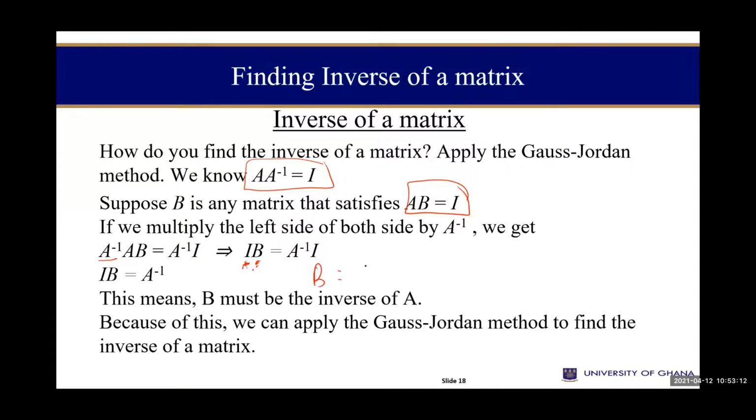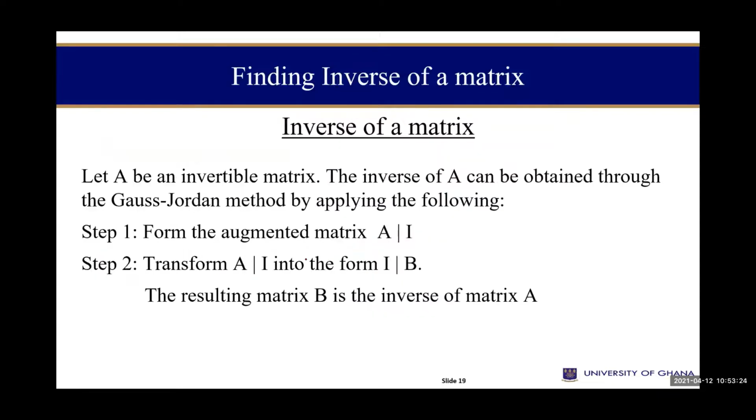So B will be equal to the inverse of A in this problem. That means that B must be the inverse of A. Because of this, we can apply the Gauss-Jordan method to find the solution. So please note that for a given matrix, if we want to find the inverse of that matrix, the row operations are the same. So if we say let A be an invertible matrix, then the inverse of A can be obtained through the Gauss-Jordan method.